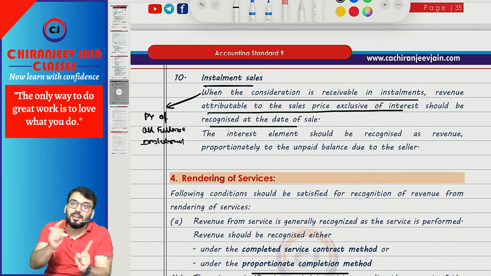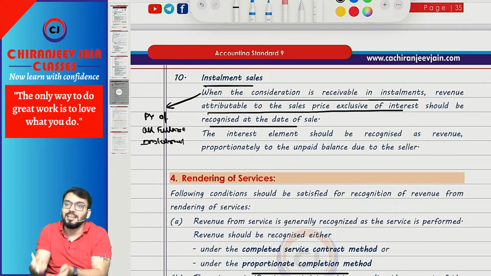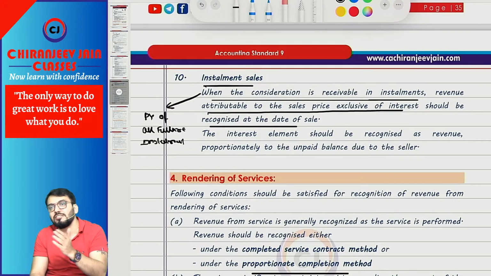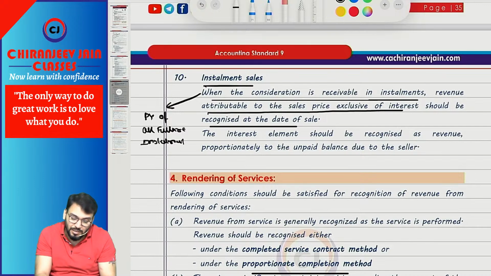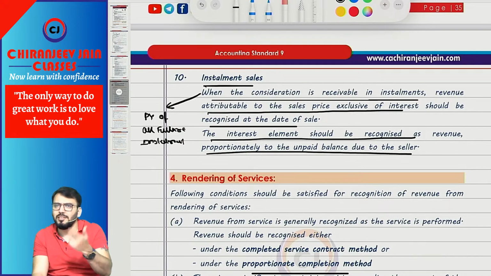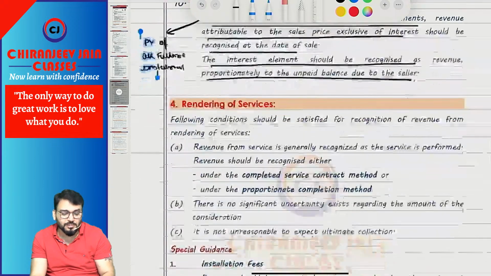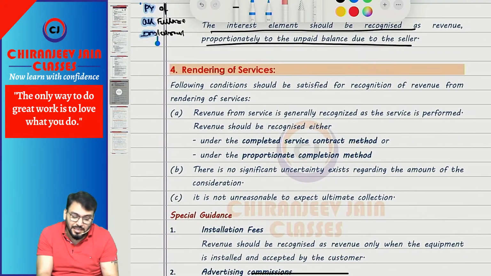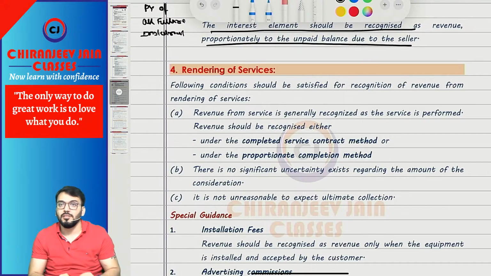And any difference between revenue and future installments will be interest income. That will be recognized on a systematic basis. So the interest element will be recognized as revenue proportionately to the unpaid balance due to the seller. So every year we recognize interest income.